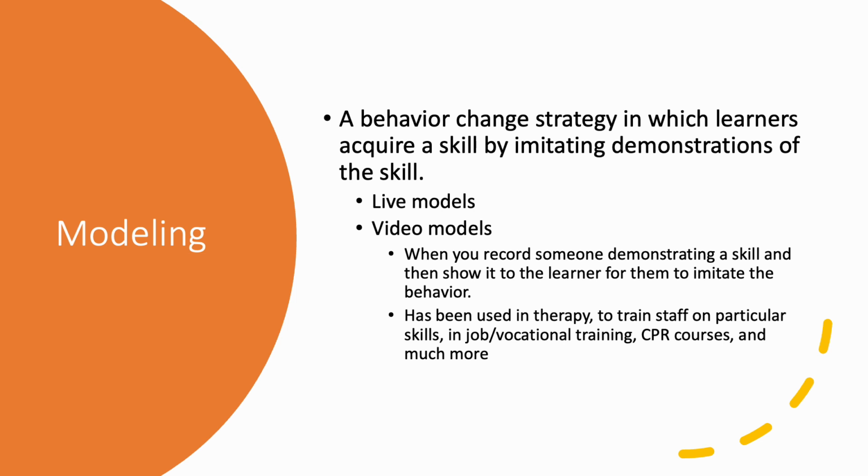And this is very typical actually in a lot of different employment centers, where they'll have you observe a person engaging in that skill that you are supposed to then be engaging in. They'll have you observe for a few days, or a few hours, whatever it might be, and then they'll have you practice. This is an example of modeling being used to teach you the skills that are necessary for you to be successful in that new job of yours.